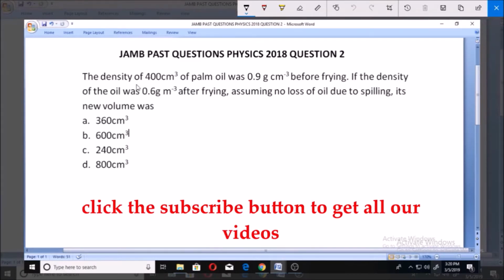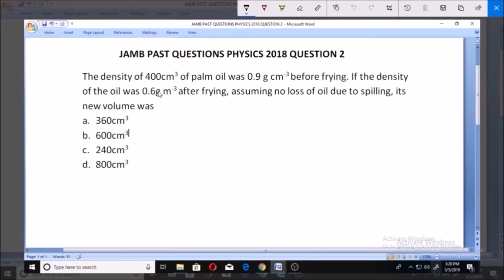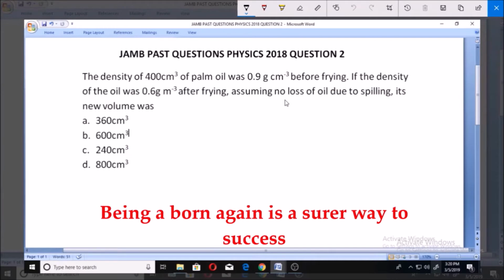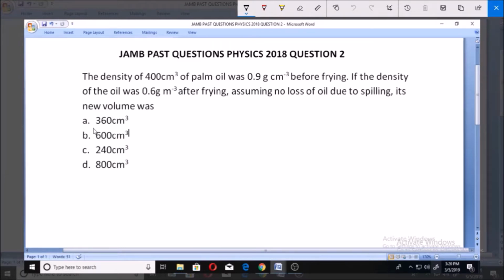If the density of the oil was 0.6 gram per cm3 after frying, assuming no loss of oil due to spilling, its new volume was A. 360 cm3, B. 600 cm3, C. 240 cm3, D. 800 cm3. So how do we go about solving this?